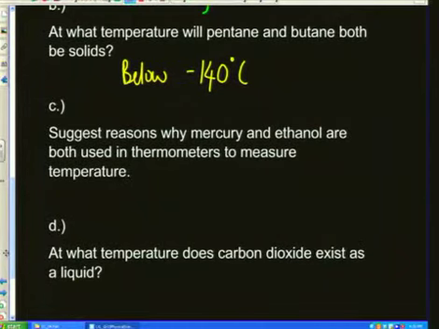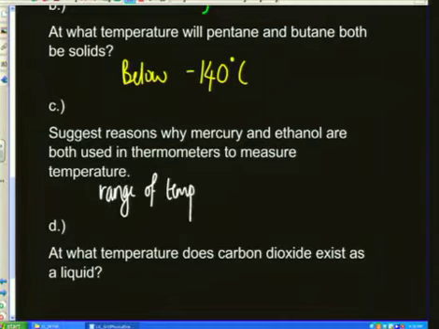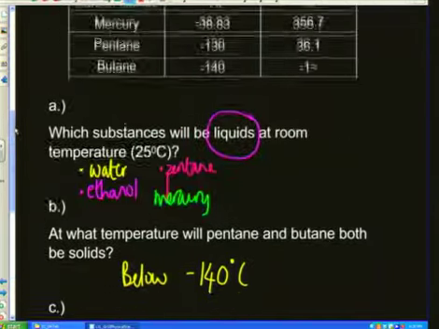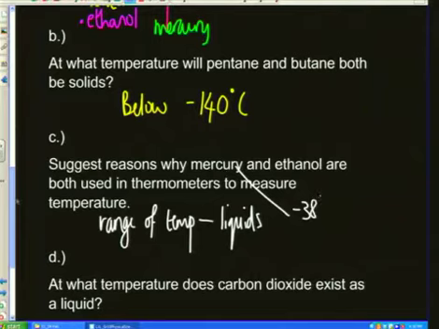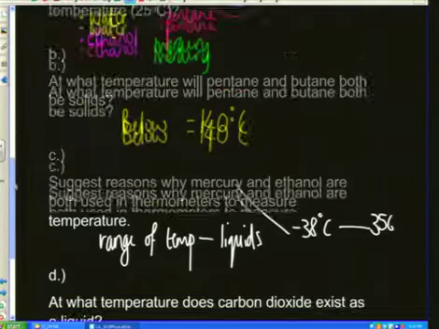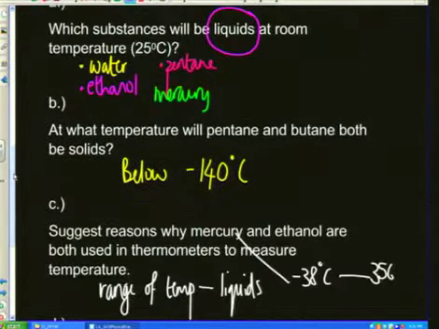So we can have a comment here: the range of temperatures that will be commonly used to measure from room temperature at which they would be liquid. You can go to our table and list them. Mercury from minus 38 degrees Celsius all the way through to 356, I think it was, 356.7.